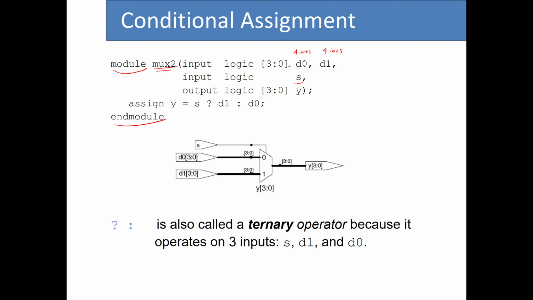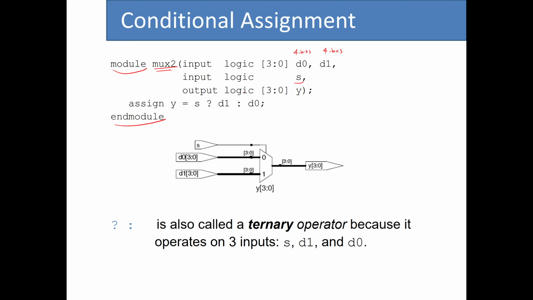We want to select between any of these 4-bit inputs by using this 1-bit select signal. So we again mention input logic and then S. Since the size is only 1 bit, we don't specify it at all. And then for the output logic, again it's going to be 4 bits.